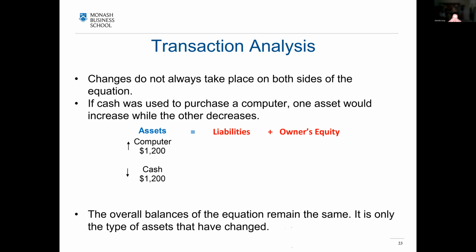In this case, both changes happen on the same side, which is fine. Both happen in the same category of financial elements. Both are asset accounts. Now, increasing asset accounts cancel the decreasing asset account. So you have asset coming in, and at the same time you have the same amount of asset going out. So the asset cancels out the asset itself. Overall, the accounting equation is still in balance.